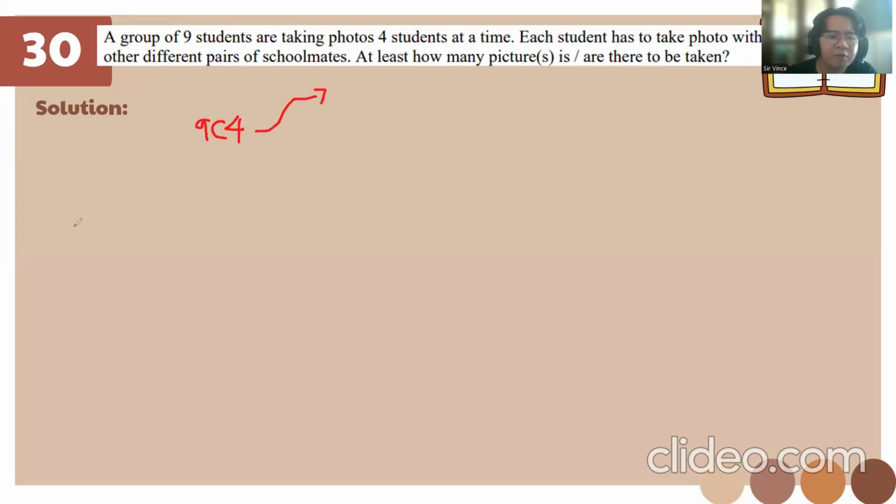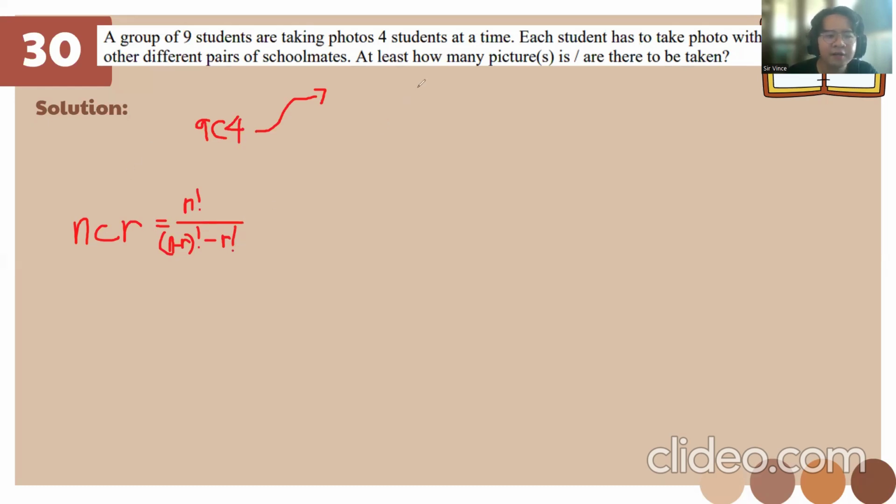I'll put the formula here, okay? nCr is n factorial over r factorial times (n minus r) factorial.